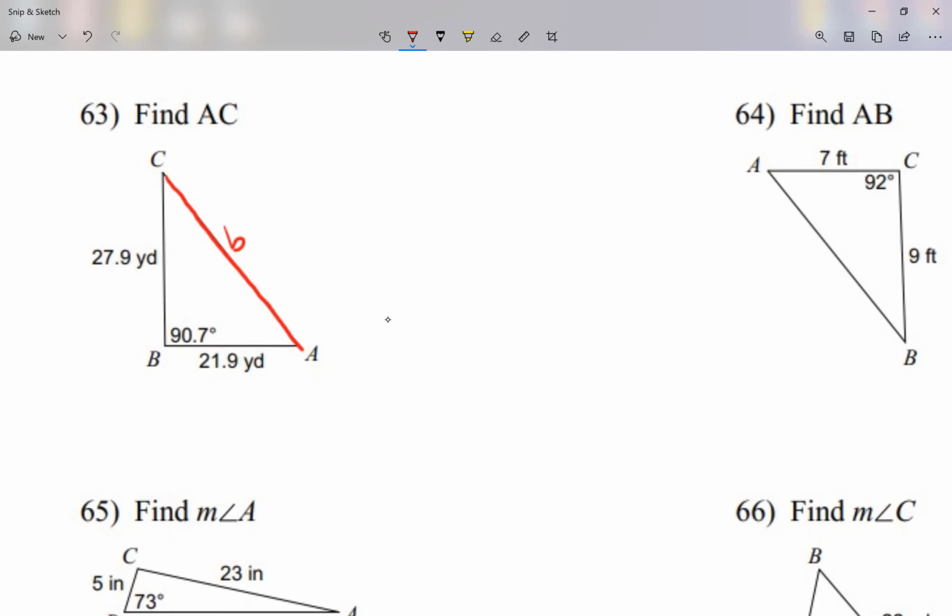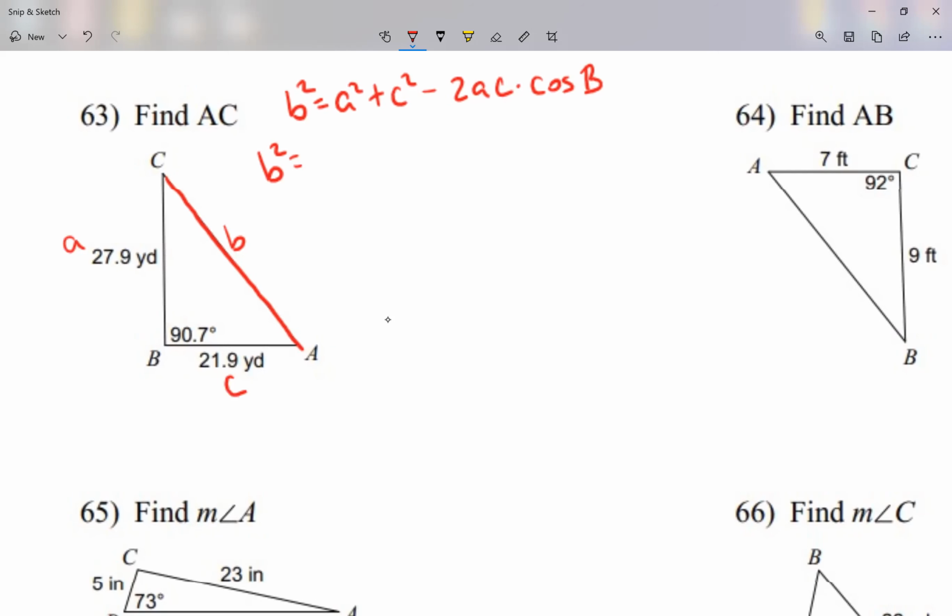Remember from the law of cosines, remember our formulas, B squared is equal to A squared plus C squared minus 2 times A times C times cosine of B. So I'm going to have that B squared. I know this is A and this is C, right?